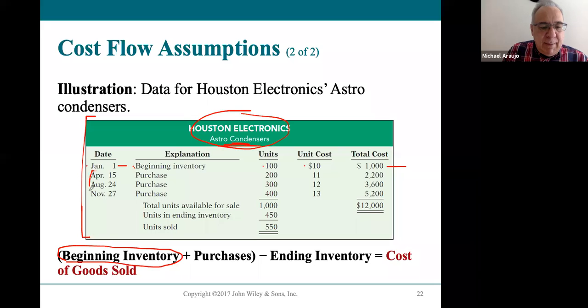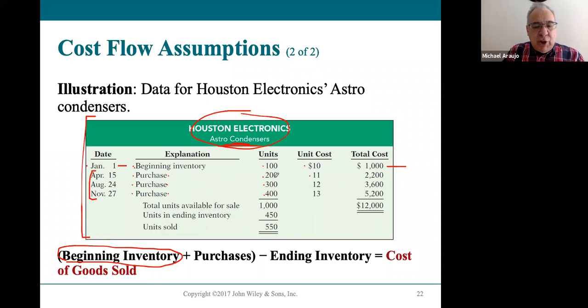Notice that through the year, they made some purchases. They bought more Astro condensers in April, more yet again in August, more yet again in November. And every time they went to buy these Astro condensers, they bought a little bit more. 200 of these units were purchased in April, 300 were purchased in August, 400 were purchased in November. And one thing that's also interesting is every time they purchased these, they had to shell out more money for each one.